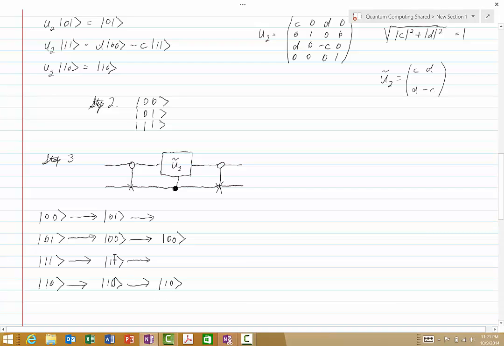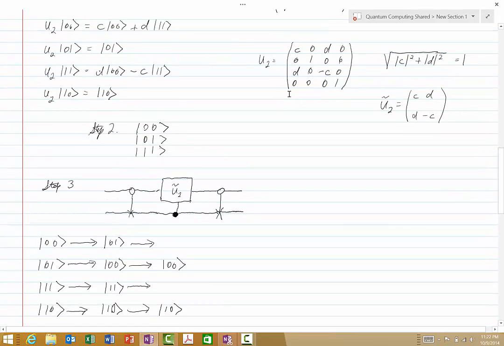But when the second bit is 1, then the second bit will remain 1, and the first bit will be affected by this. Now again, here's the matrix for U2 tilde, but we need to figure out what the basis is, and look at our gray code.